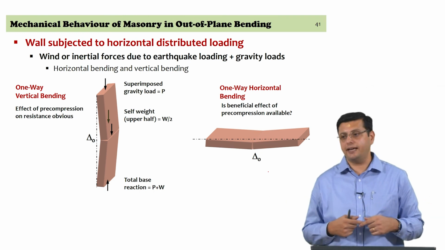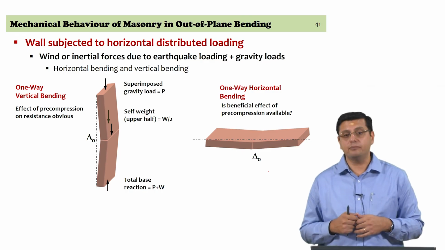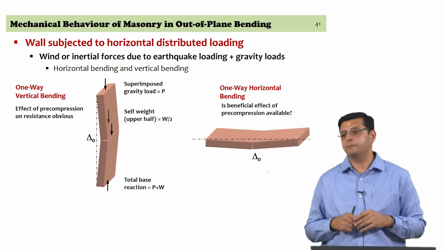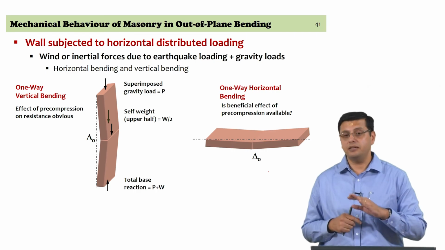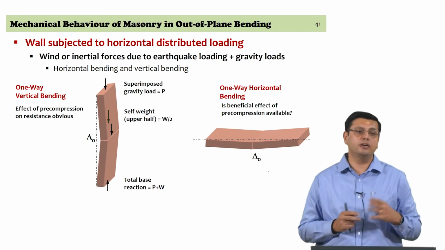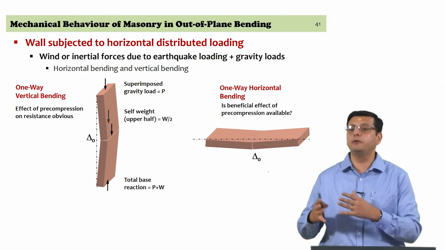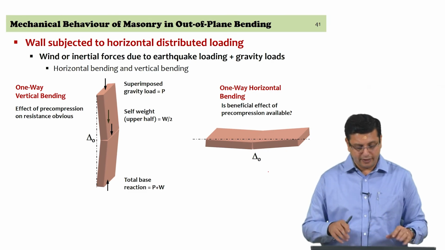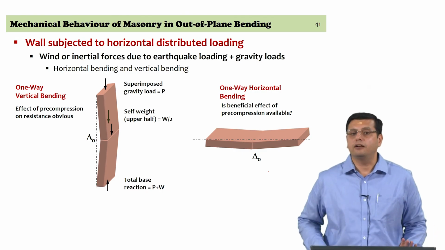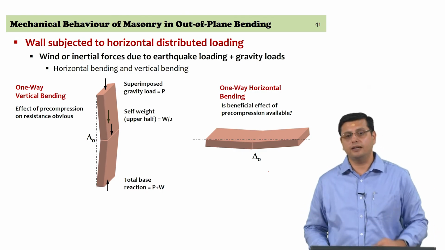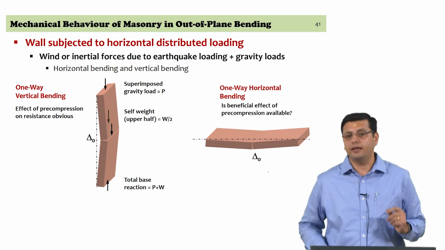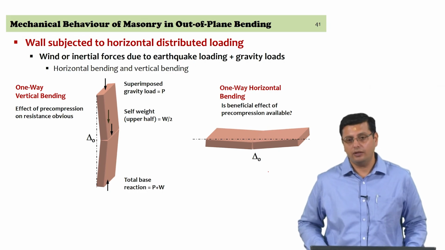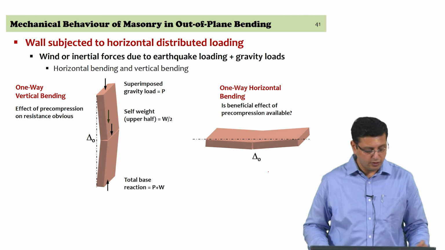It is called an arching action, and we will examine how one way horizontal bending estimates can be completely different if you consider arching action and the conditions are available for arching action to occur. That is the reason why I put this here, because while in one case it is obvious, in the other case it is not obvious, and it needs to be accounted for if conditions are available for it to occur.